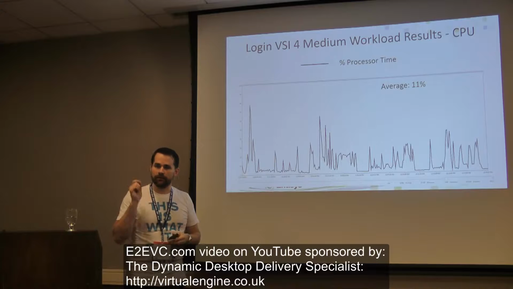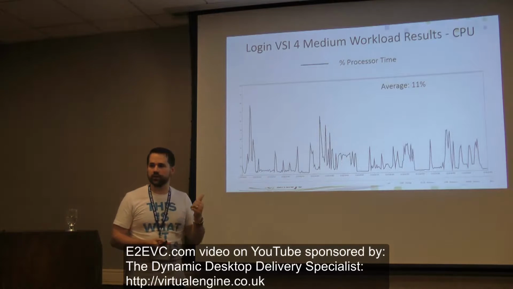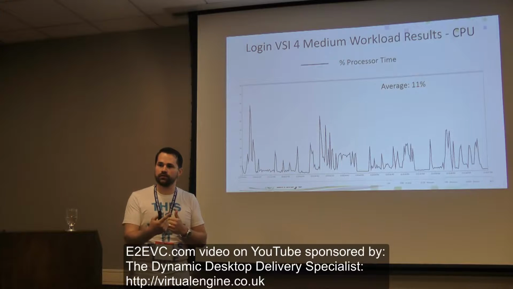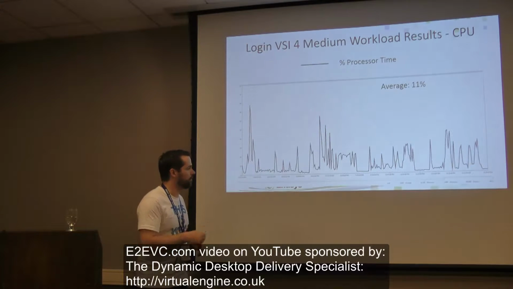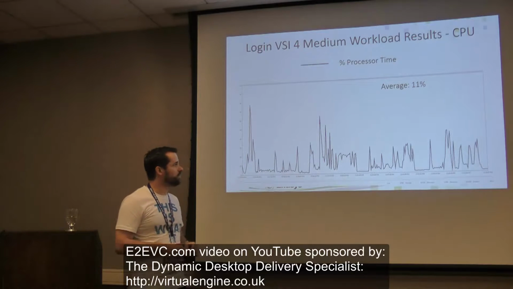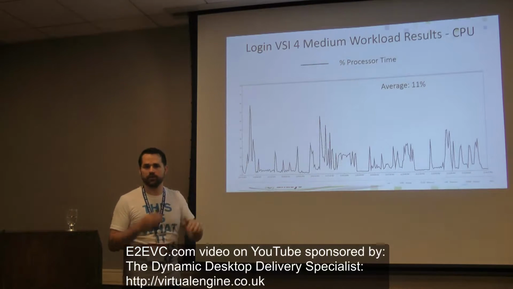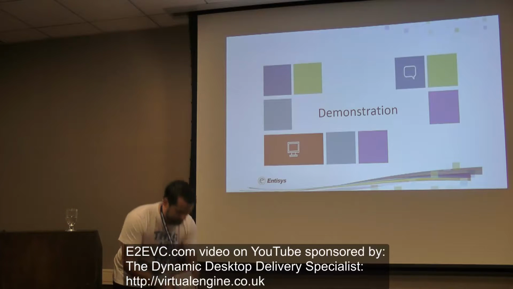So at face value, you may say a quad-core 1.5 gigahertz really isn't that much, but realistically, based on the Login VSI workload and the fact that it's able to offload to the GPU, it's able to deliver significantly better averages. And again, because this is dedicated, if that's the experience for one user, that's going to be the experience for the next user, for the next user, for the next user. All right.